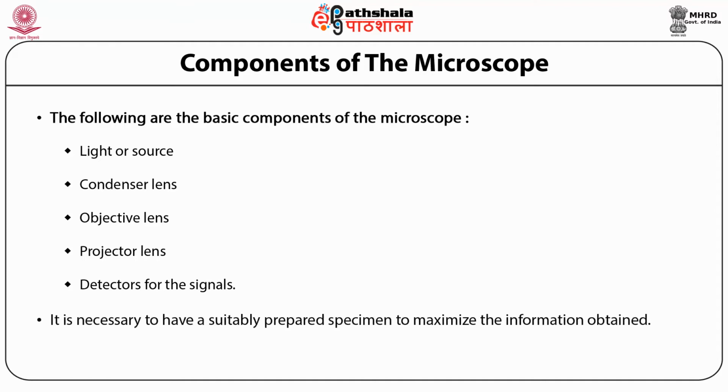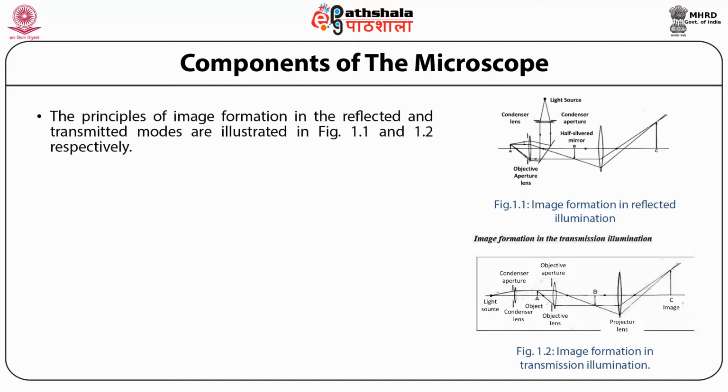It is necessary to have a suitably prepared specimen to maximize the information obtained. The principles of image formation in the reflected and transmitted modes are illustrated in figure 1.1 and figure 1.2 respectively.